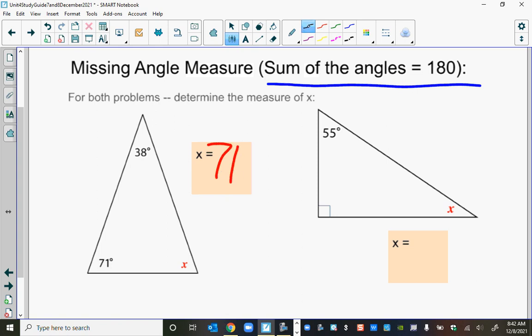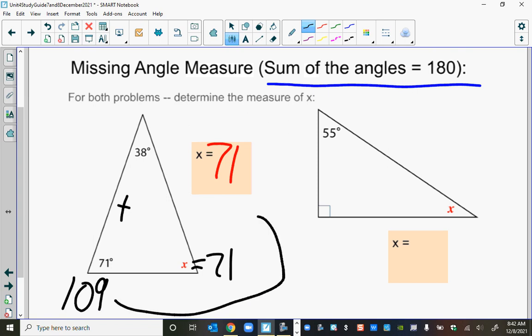Remember, 38 and 71 add up to 109. And then it's 180 minus 109. And there you go, you get 71.